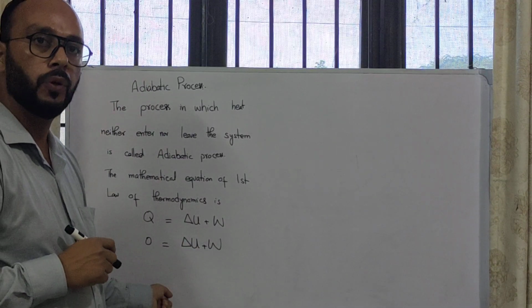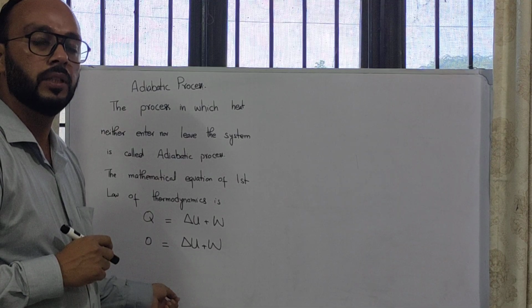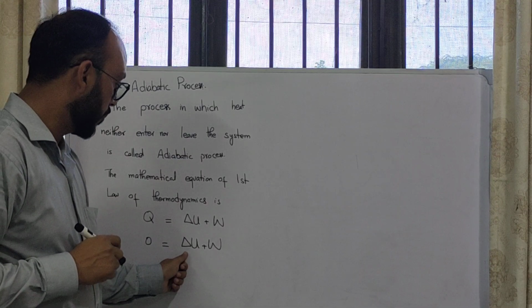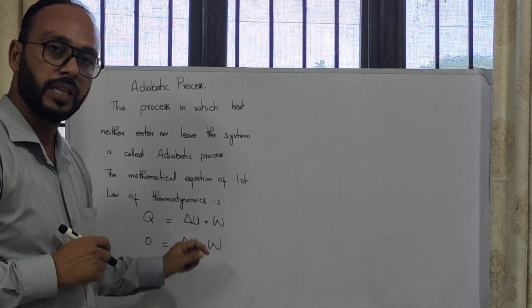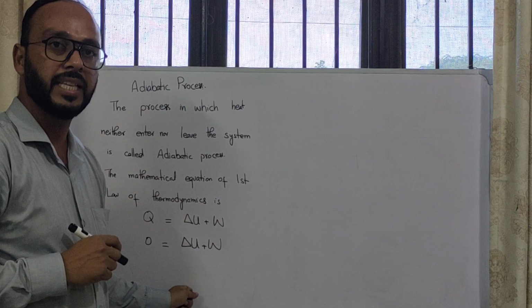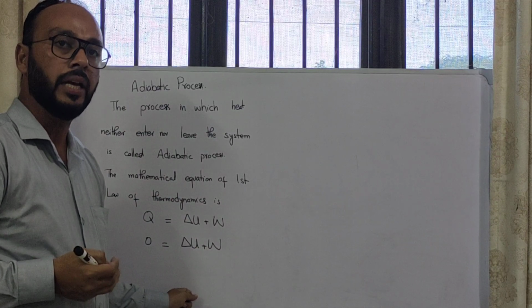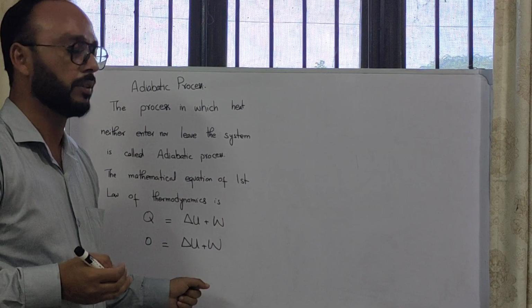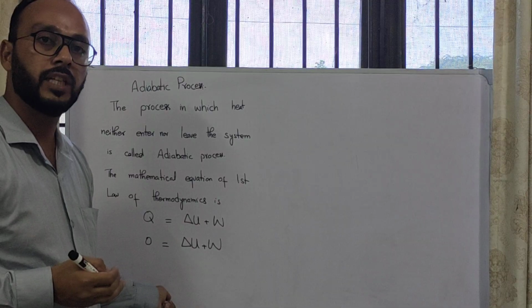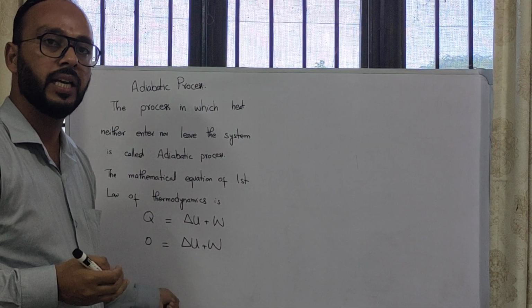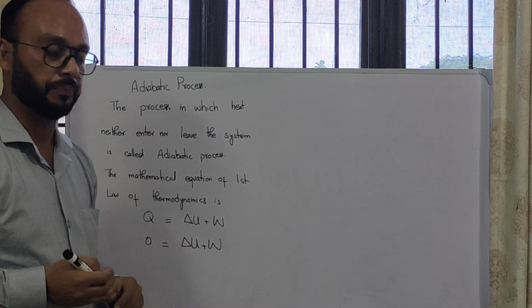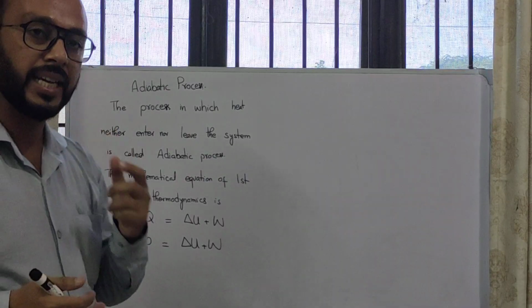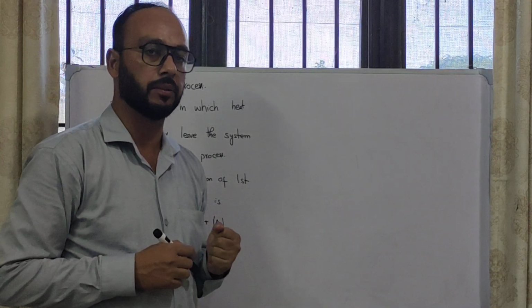From here, we can learn two types of process in adiabatic process. One is adiabatic expansion and the second one is adiabatic contraction. First, we will learn adiabatic expansion. Now, what is adiabatic expansion?